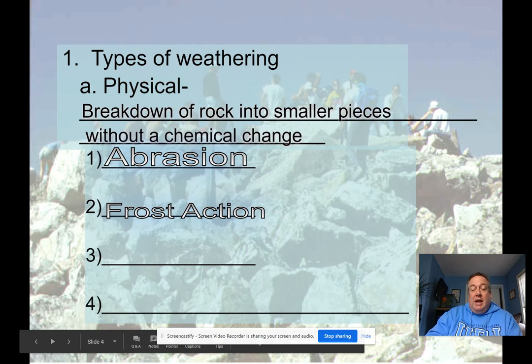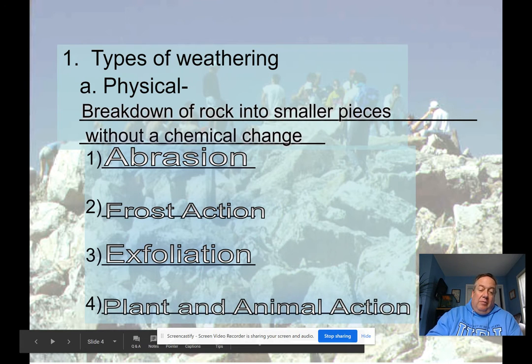Frost action, which we'll spend some time getting into. Exfoliation, which is exactly what it sounds like for those of you who go to a spa, where when your skin is exfoliated, they're taking off the outer layer or the dead layer of skin. The exfoliation of rocks is they're removing the outer layer of the rock. And then finally we have plant and animal action.